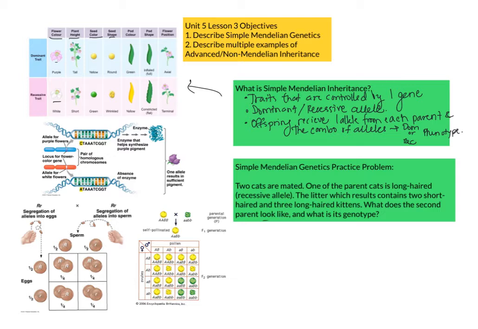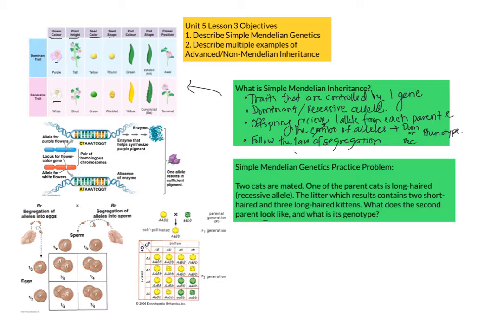So again, this is exactly what Mendel observed and explained, and we're referring to traits that follow the law of segregation, which is what we just wrote here: for the trait, we receive one allele from each parent, and it's random which allele is passed down from each parent.